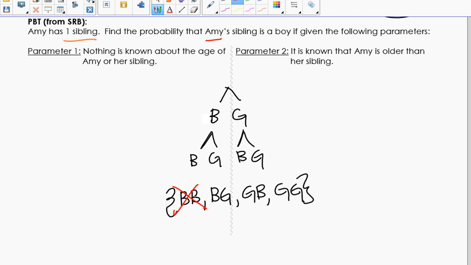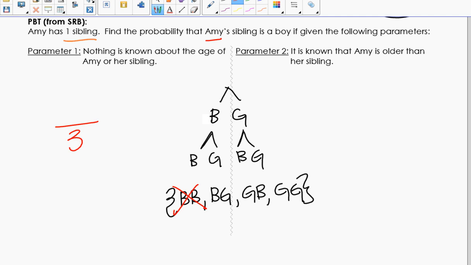That's what they're assuming by the name Amy. Amy is a girl, so that means boy-boy is no longer an option. So the probability that Amy's sibling is a boy, well, I have 3 options left in my sample space, and it says nothing is known about the age of Amy or her sibling. That means that the boy could come first or second.